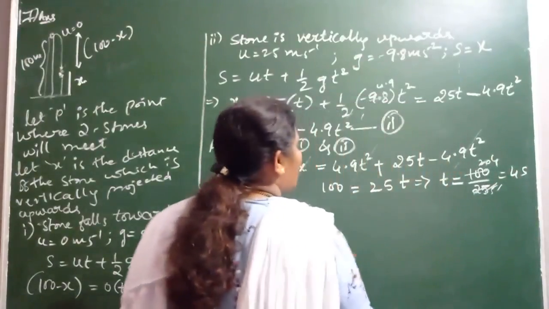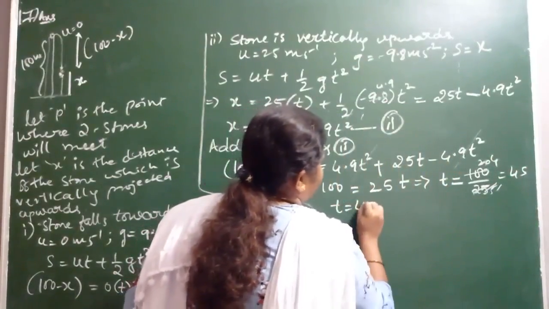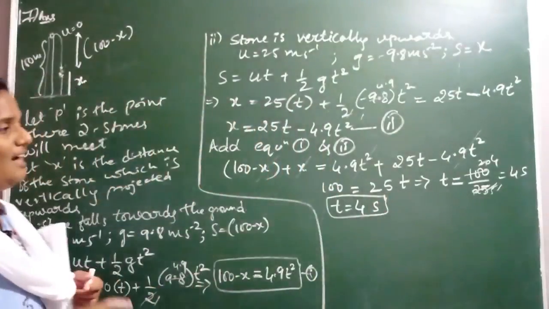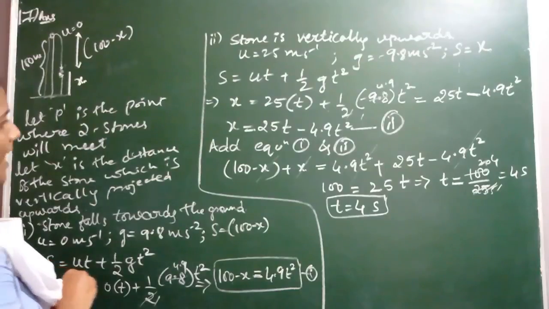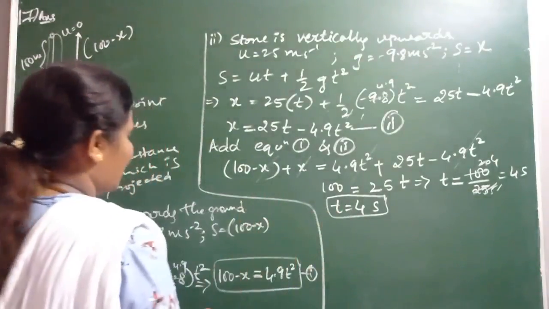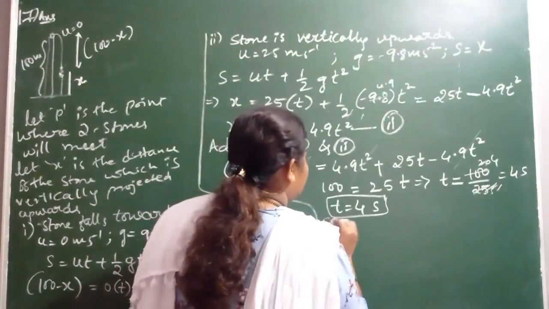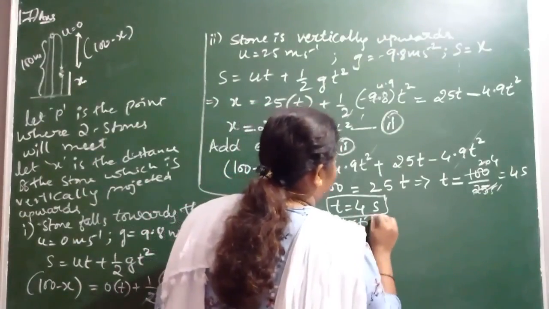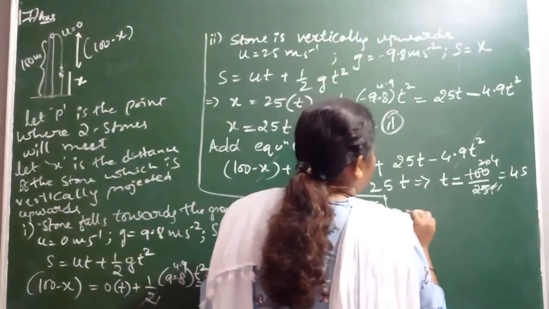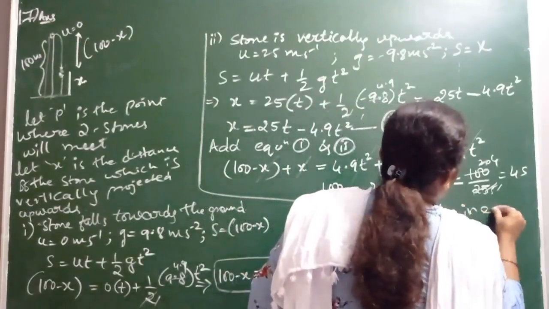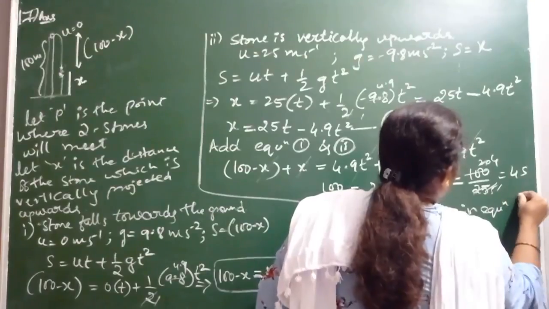The timing is what? 4 seconds. Got it children? Now, we have to substitute this t value in equation number 1.